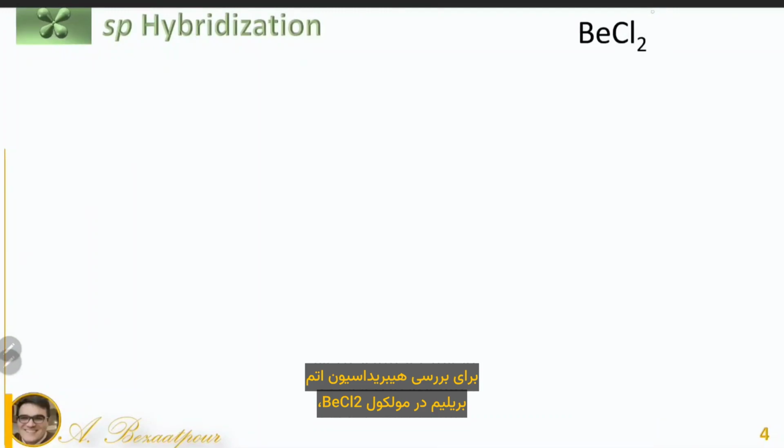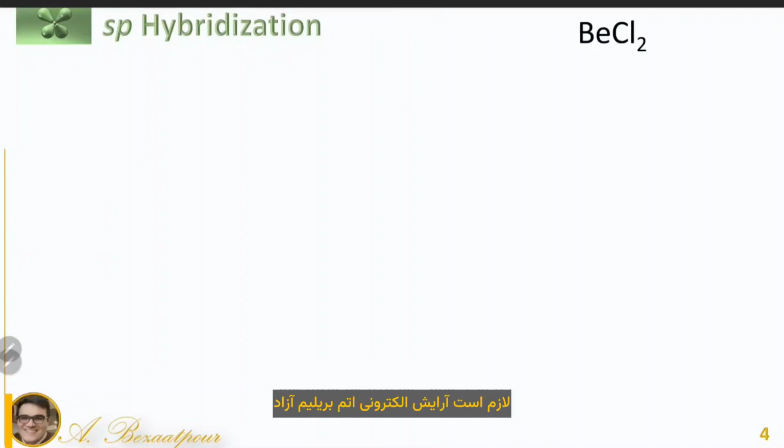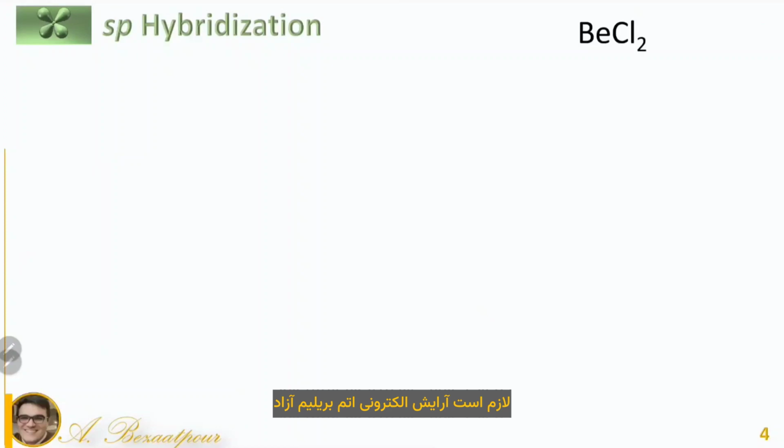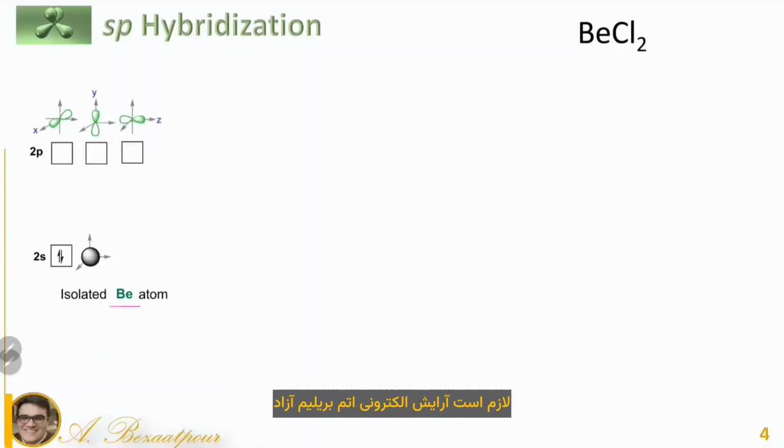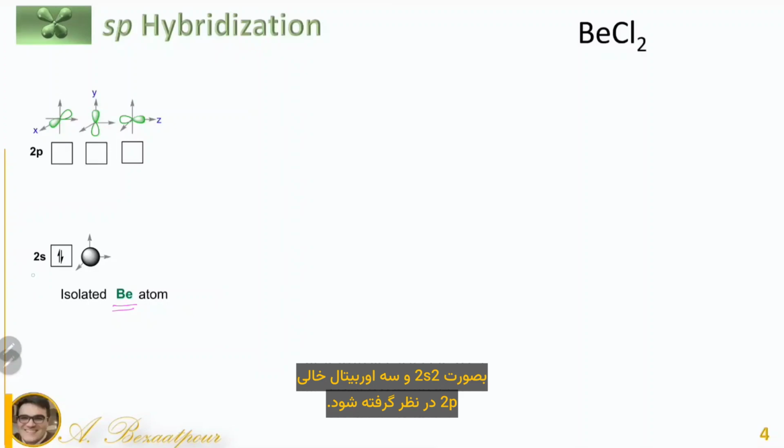To investigate the hybridization of beryllium atom in a BeCl2 molecule, it is necessary to consider the electronic configuration of isolated beryllium atom with 2s2 and 3 empty 2p orbitals.